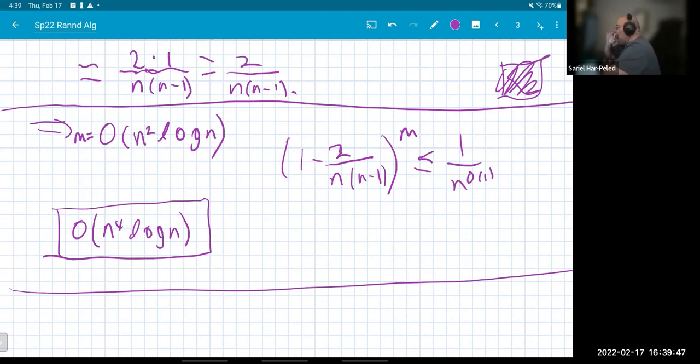No, the algorithm stops when we have 2 vertices. That's very important. Sorry, I'm replying to a question in the chat. The algorithm stops when there are 2 vertices, and the cut is between those 2 vertices; there is an edge with multiplicity, and this edge corresponds to the cut in the original graph.